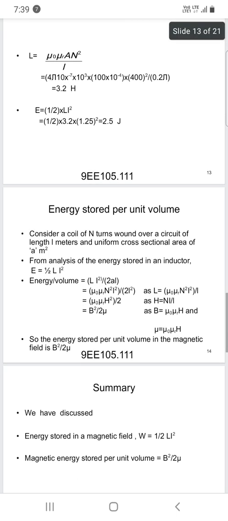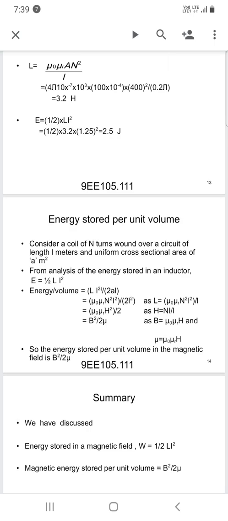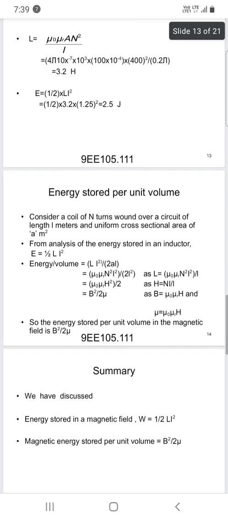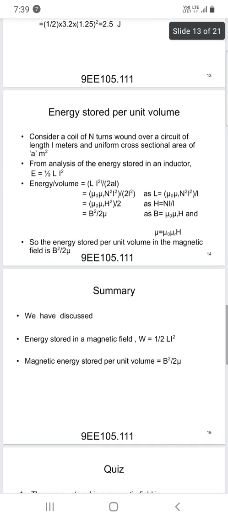Then we will get 2.5 joules. That is the energy stored in the magnetic field, equal to 2.5 joules.